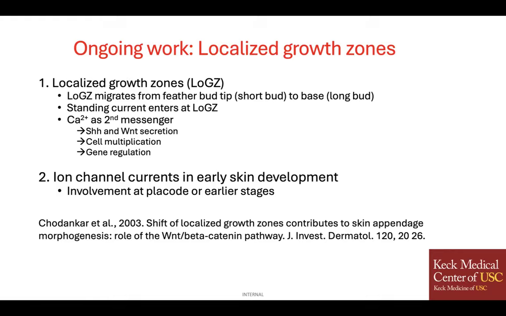Using different methods, we can identify where cells are multiplying, where different processes are most active. And these are the so-called localized growth zones. It turns out that the localized growth zones are where the standing current is entering the tissue.